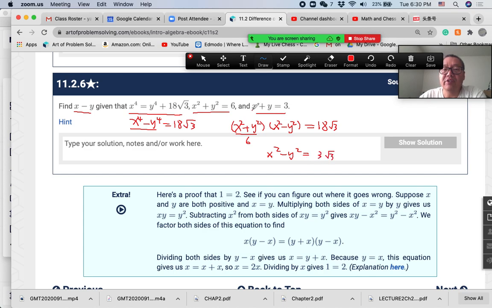Right? Now they also give us this. So this one we can write like x plus y times x minus y. Then this one equals 3 times root 3. Then x plus y equals 3. So that means x minus y equals root 3.